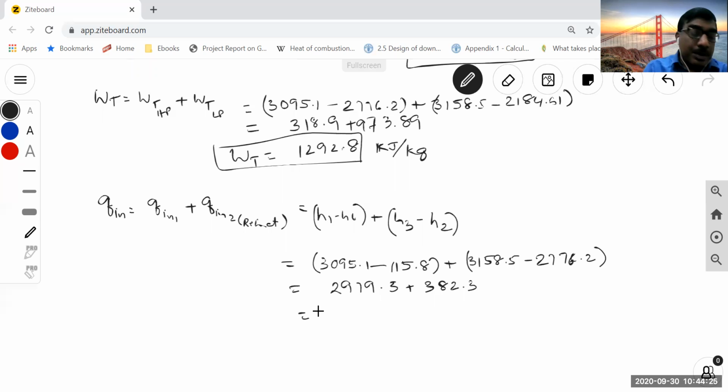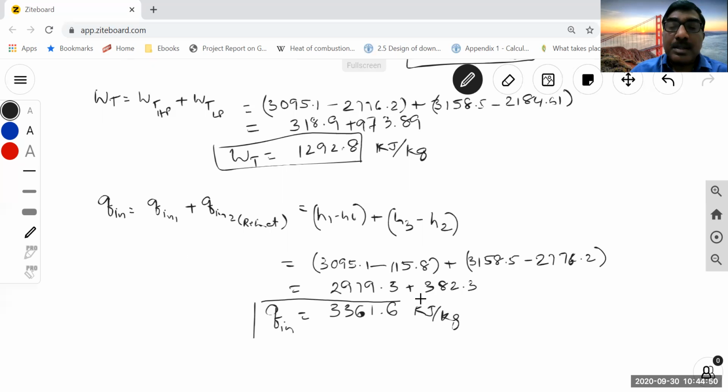So this is equal to 2979.3 plus 382.3, 3361.6 kilojoules per kg. This much heat we have added. The total heat supplied is this much.